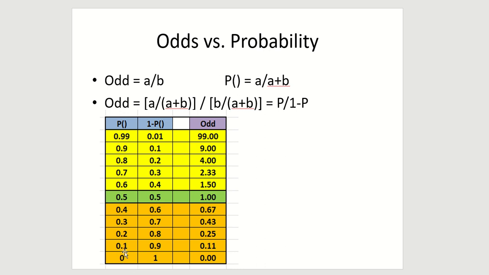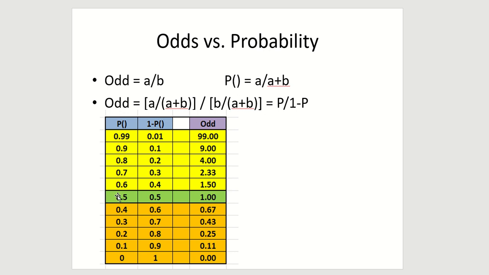And therefore you can calculate the corresponding odd for every probability. Starting with the probability of 0, the corresponding odd is 0. The probability of 0.1, the corresponding odd is 0.11. The probability of 0.2, the corresponding odd is 0.25, and that will go all the way up until you reach the 50% probability. When you have a 50% probability, the odd becomes 1.